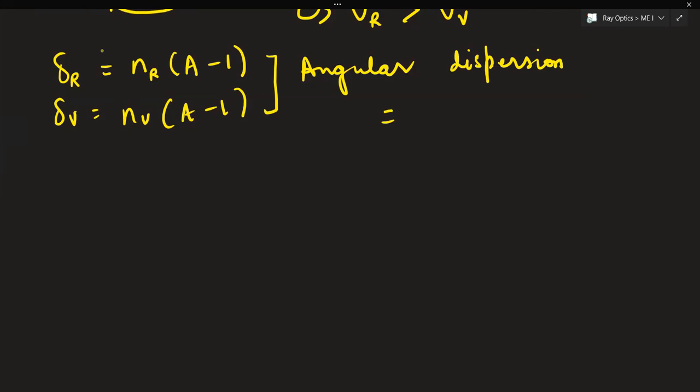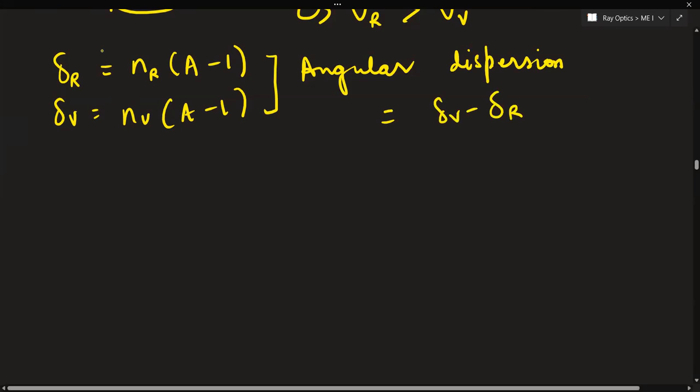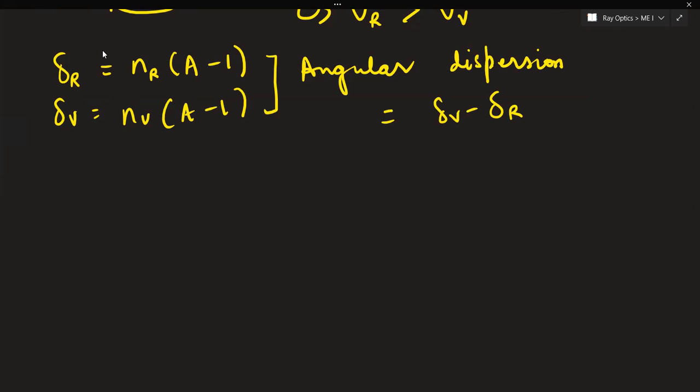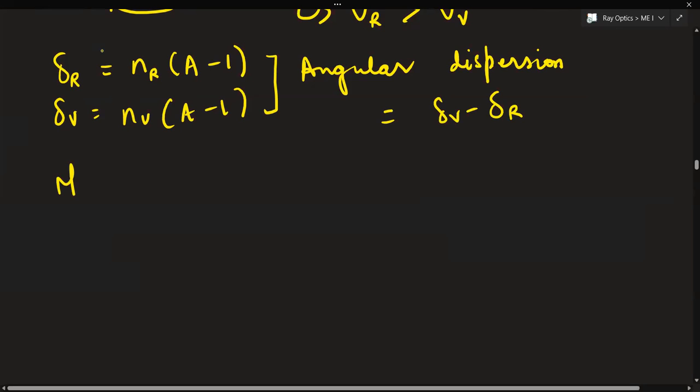Don't consider that you can take it for green or yellow or orange or indigo, any other color. No, just for the two extreme colors. So that makes it delta violet minus delta red. This is what is meant by angular dispersion, the difference between the angles. Now, apart from this, you have one more, the mean deviation.